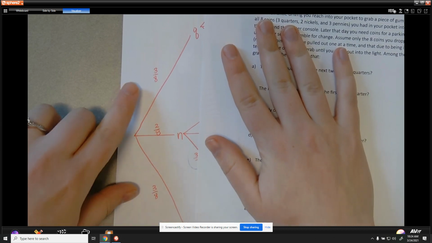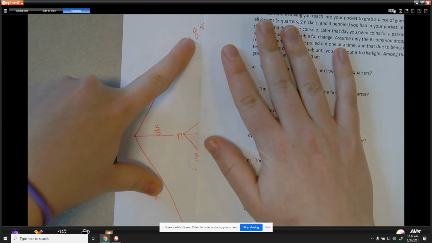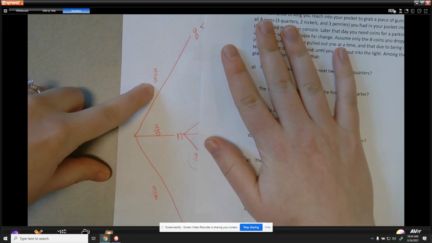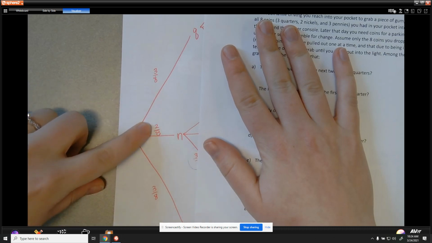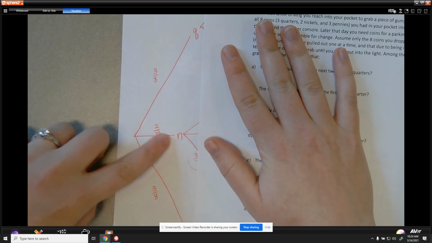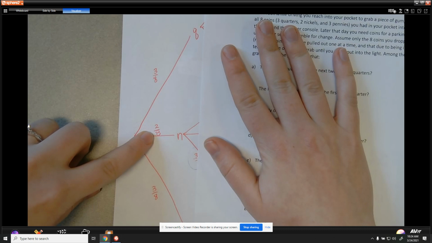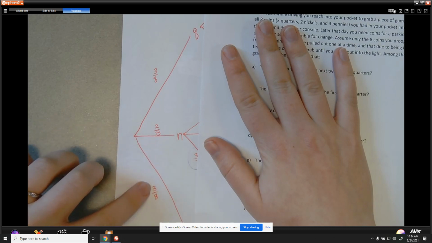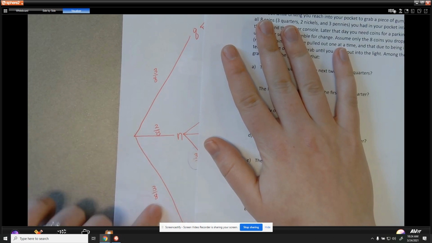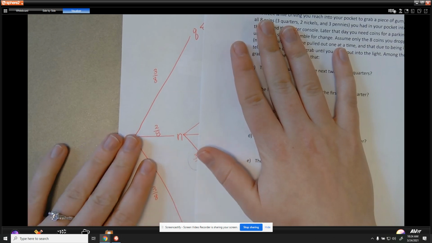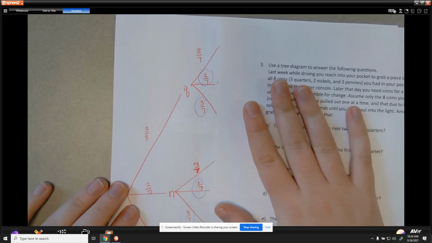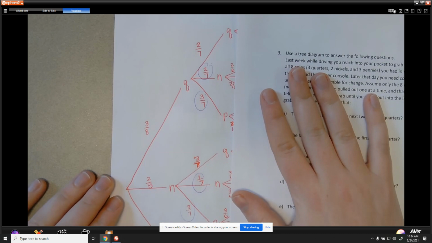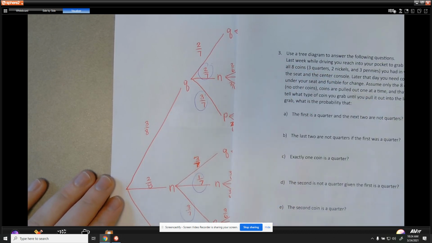There's a 3 out of 8 chance of it being a quarter because there are 3 quarters out of 8 total coins. There's a 2 out of 8 chance of it being a nickel because there are 2 nickels out of 8. And 3 are pennies out of 8 total coins, so 3 out of 8 chance of it being a penny. Then from there, I want you to build the rest of the tree diagram, check out all the probabilities, and then pause this video and do that yourself.